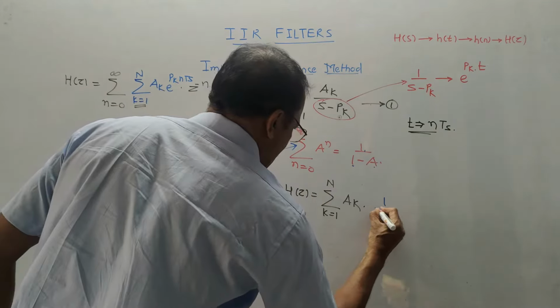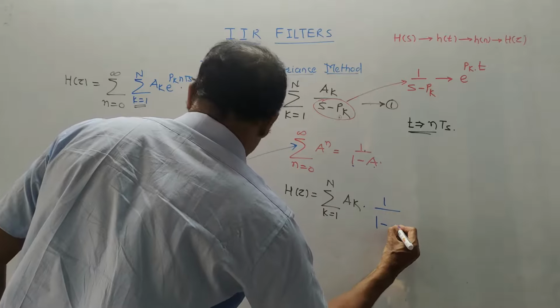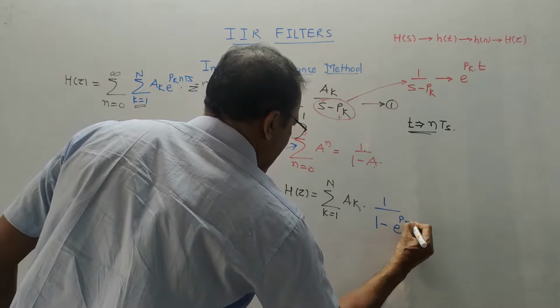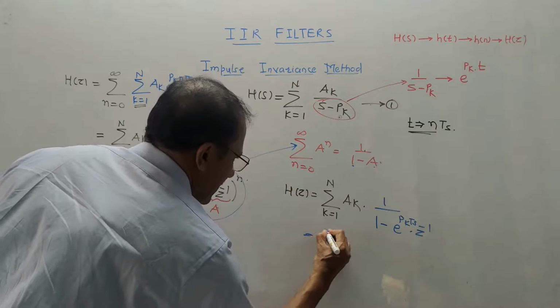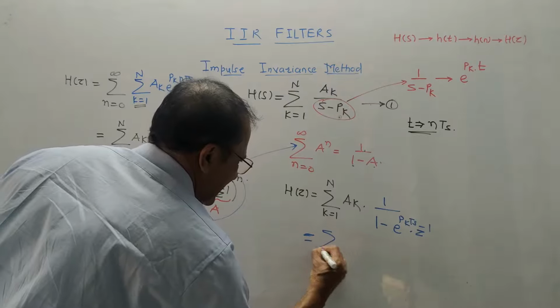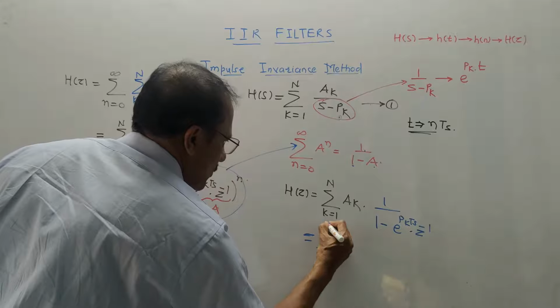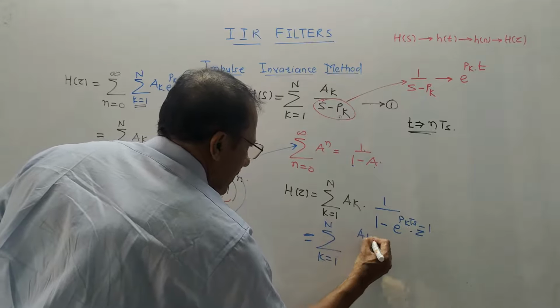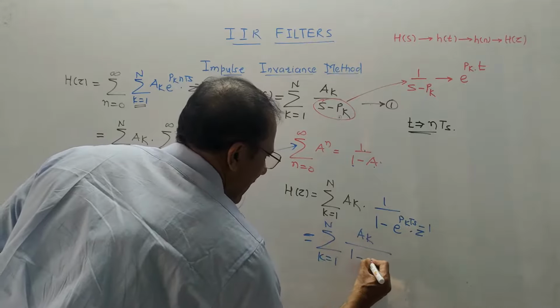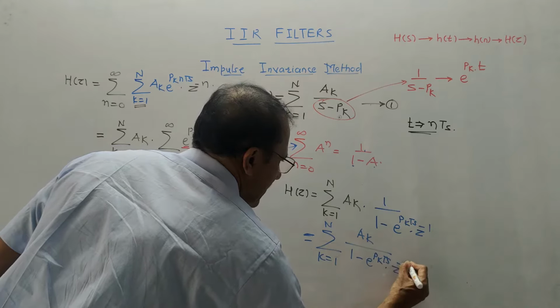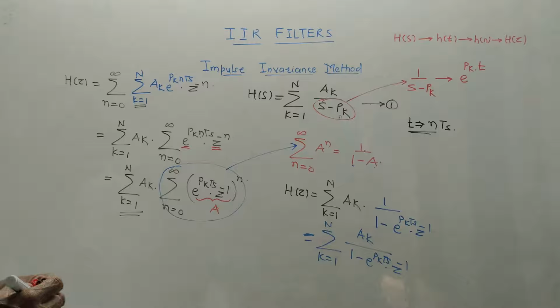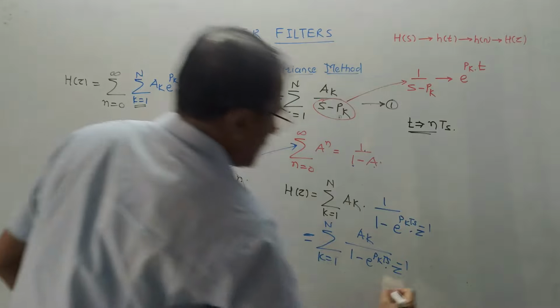So it becomes 1 upon 1 minus e raised to pk ts into z raised to minus 1. So in very much simplified format, this can be written as summation k is equals to 1 to n ak upon 1 minus e raised to pk ts into z raised to minus 1. So this is say equation number 2.